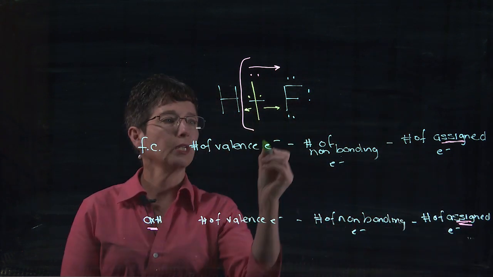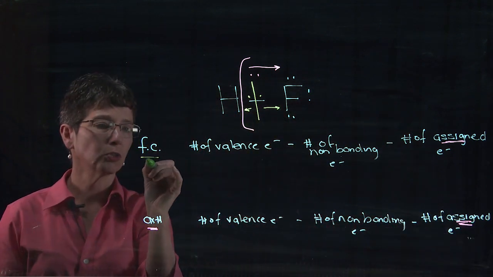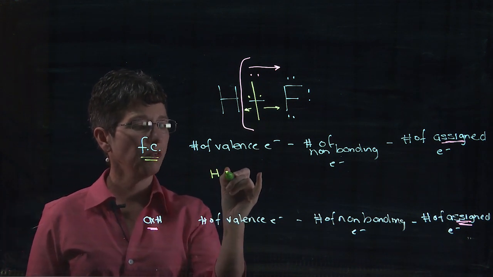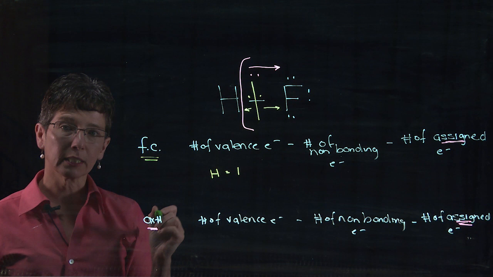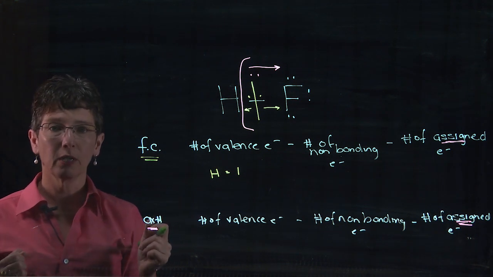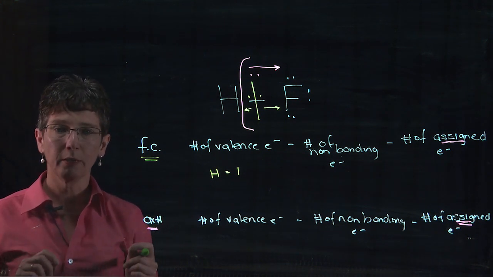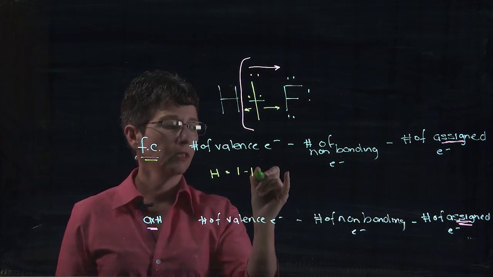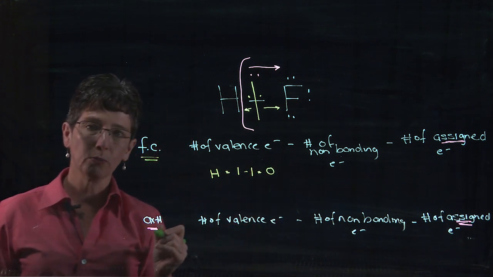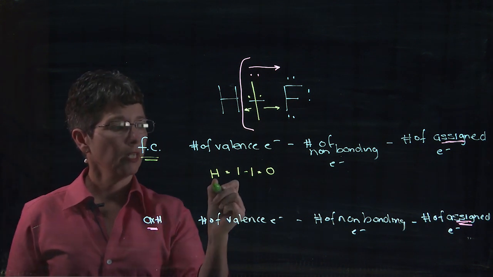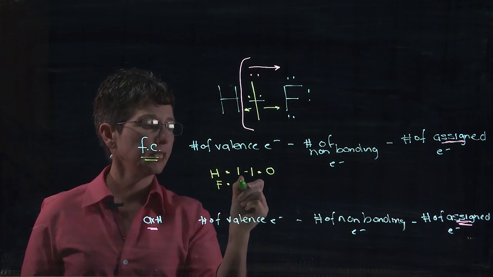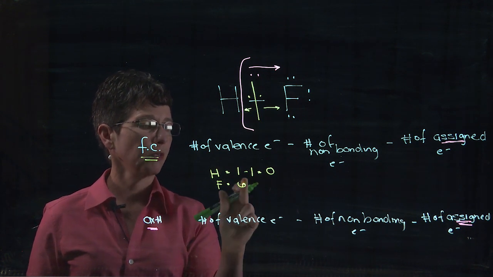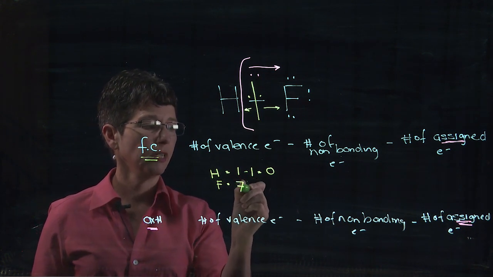So the green is for formal charge. Hydrogen has 1 valence electron. It has no non-bonding electrons. It gets assigned 1 because we assume that bond is shared evenly. So hydrogen has a formal charge of 0, and fluorine has 7 valence electrons.